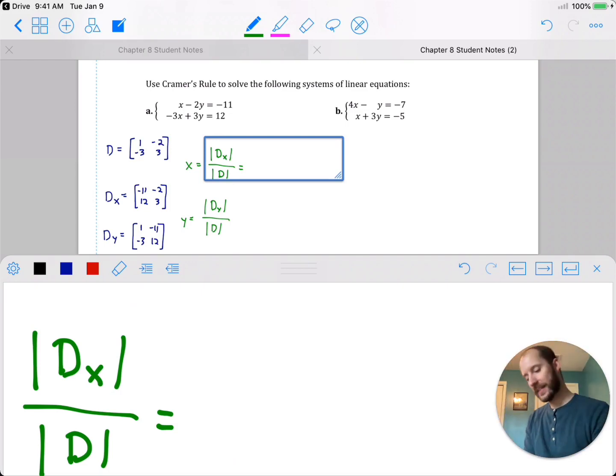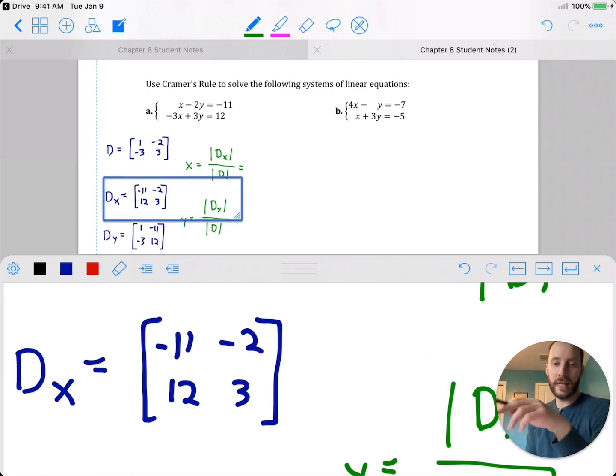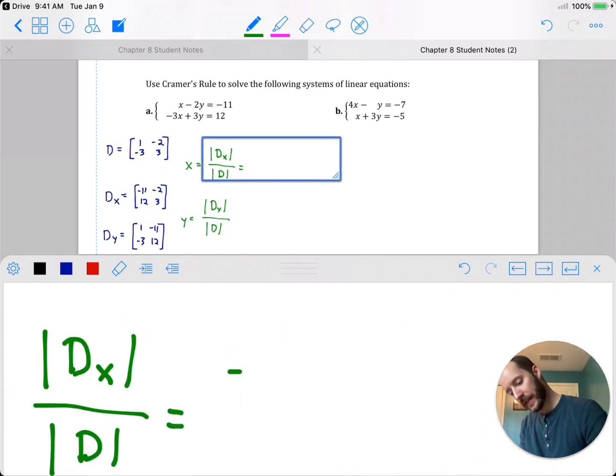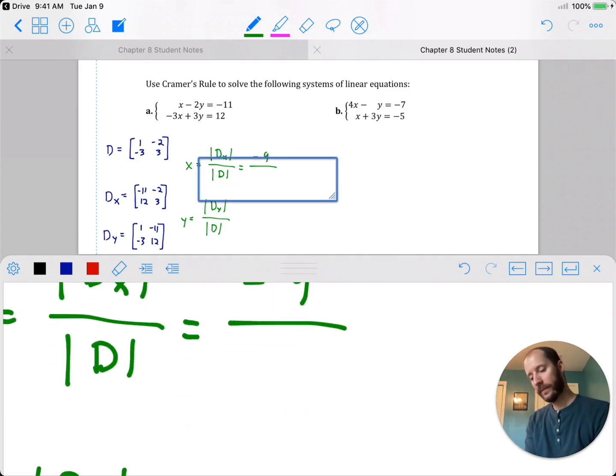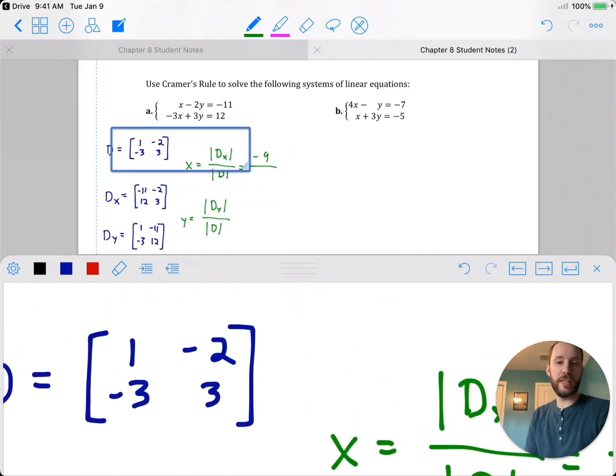D sub x: -11 times 3 minus -2 times 24, so -33 minus -24, which is -9. And the determinant of D: 1 times 3 minus -2 times -3, so 3 minus 6.